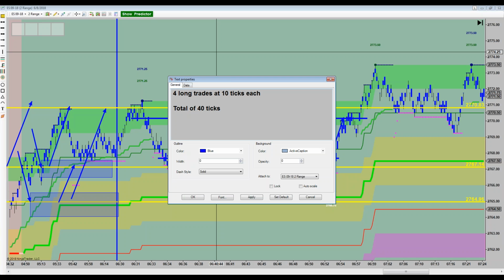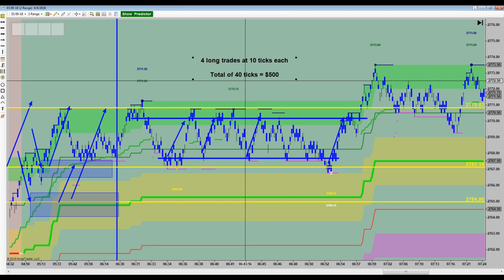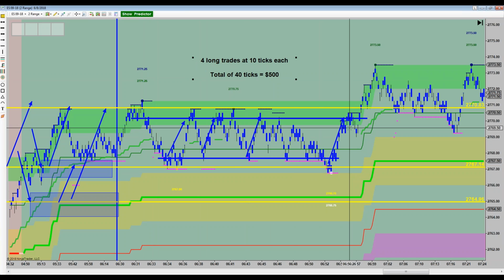And how much is ES worth a tick? $12.50. So you made 500 bucks. 4 trades on ES in the first 30 minutes of trading before 7 o'clock, and you made 500 bucks less commission. Pretty good way to start the morning.